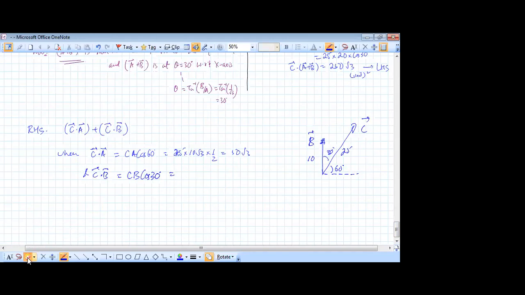Oh, sorry, 120. My mistake. So this is becoming 25 into 10 into root 3 by 2. So this is also becoming 125 root 3.